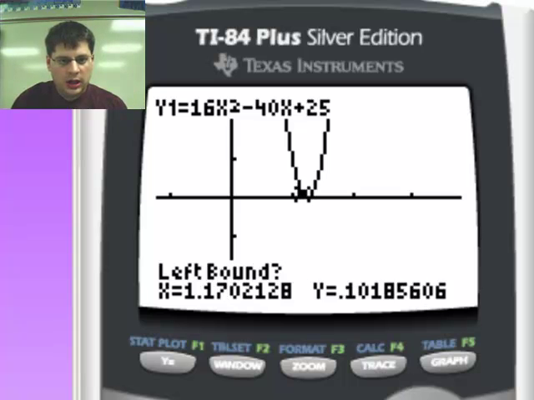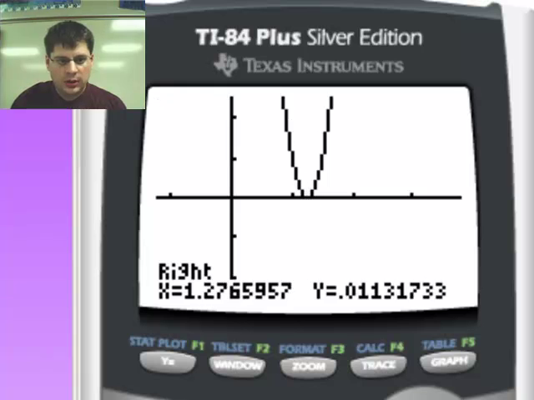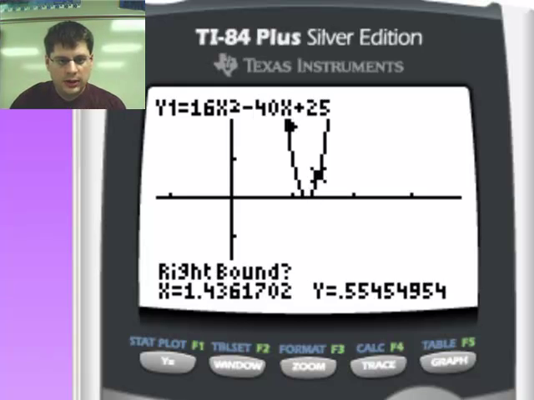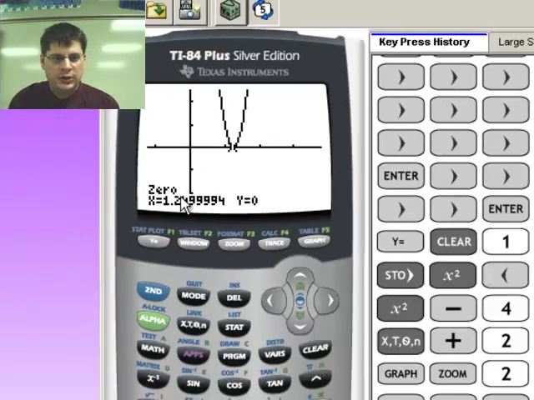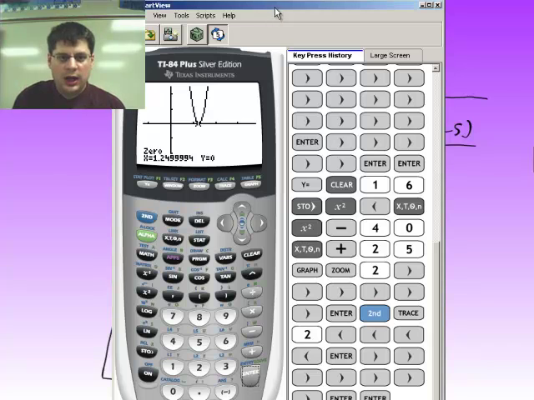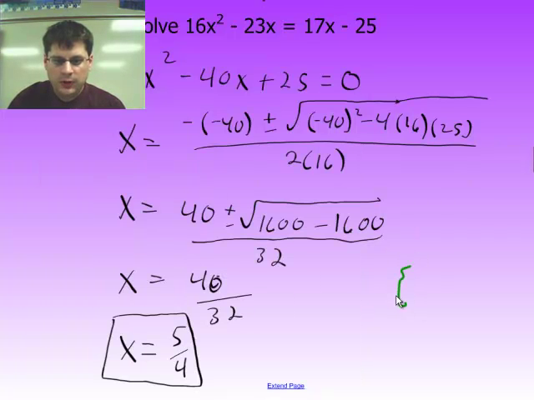If I calculate, that's my left bound, here's my right bound, guess, and that's about 1.25. And 5/4 is equal to 1.25.